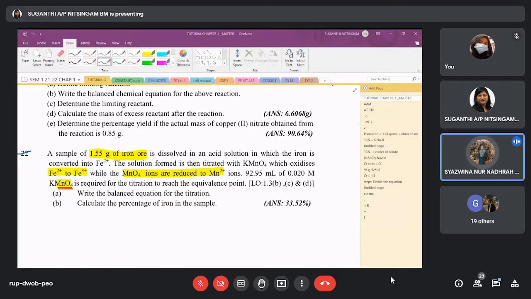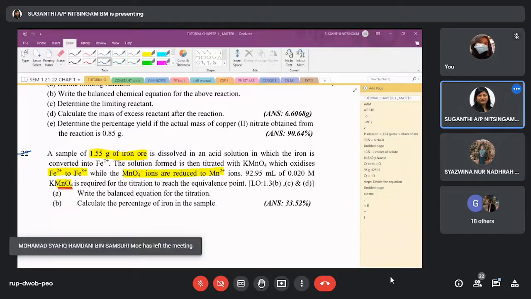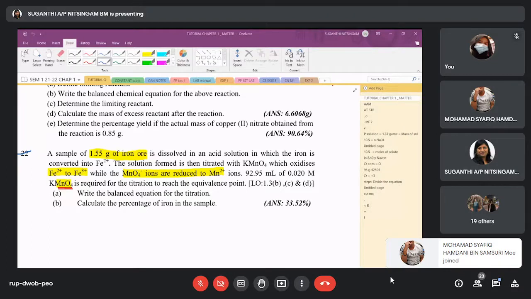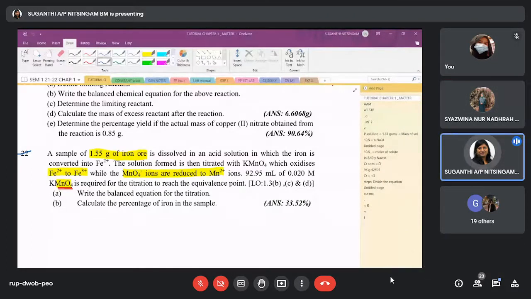Saya dapat 5 Fe2+ plus MnO4- plus 8H+ produce 5 Fe3+ plus Mn2+ plus 4H2O. Okay, betul. Itu adalah persamaan yang telah diseimbangkan. That is the balanced equation.